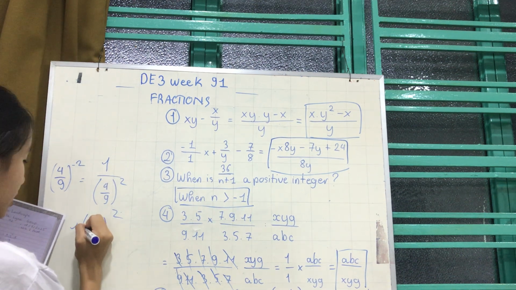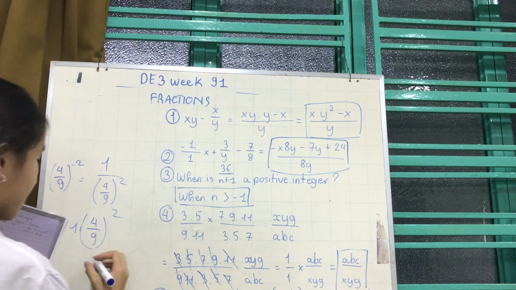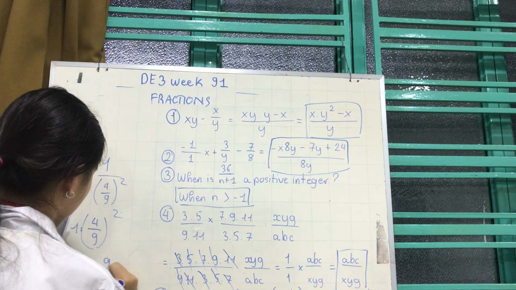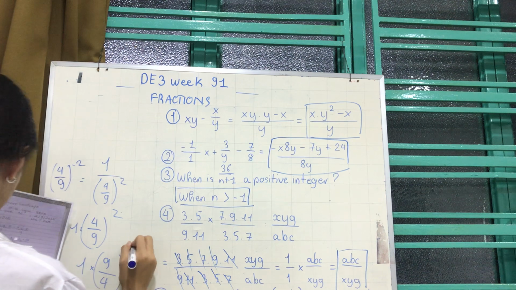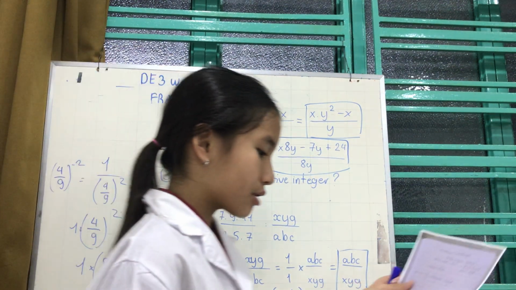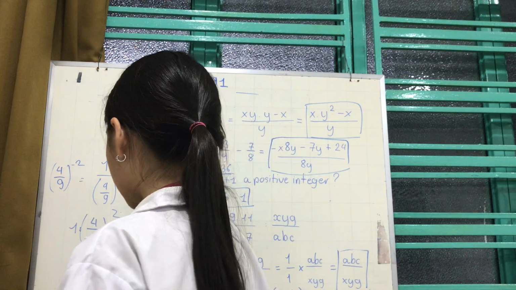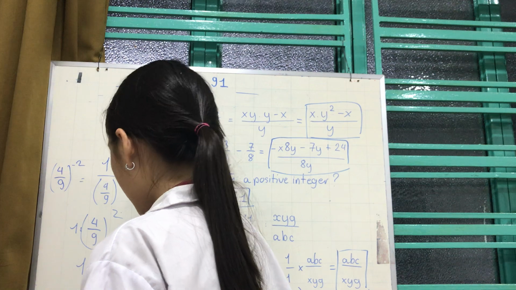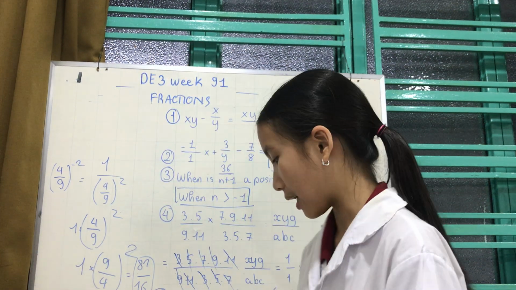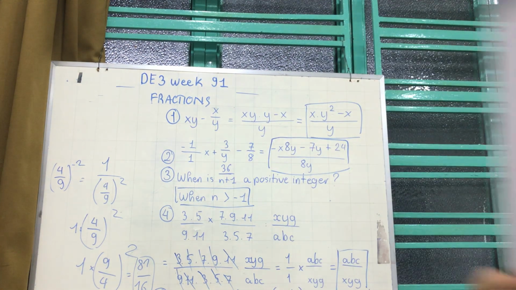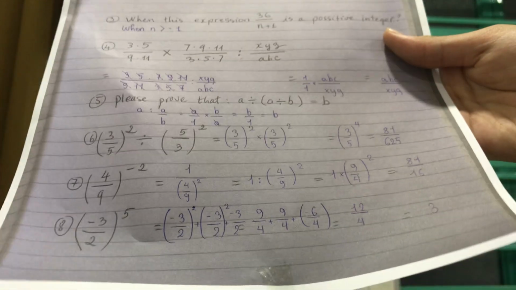And when we divide, like I said before, we need to flip the fraction. So 9 over 4 to the power of 2 equals 81 over 16. 81 sixteenths. And that is my answer for problem number 7. As you can see, I wrote that answer in there.